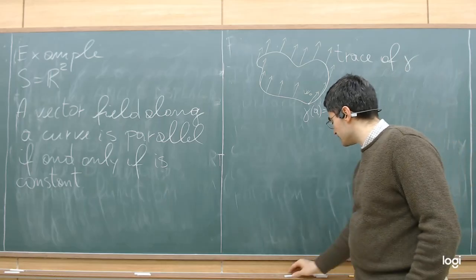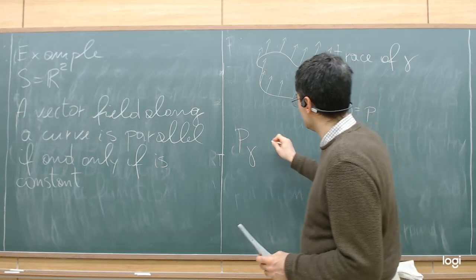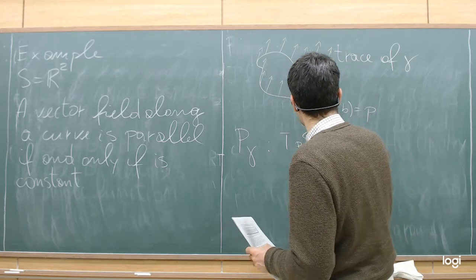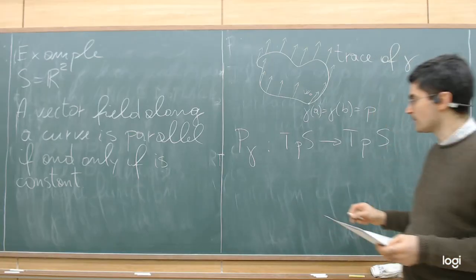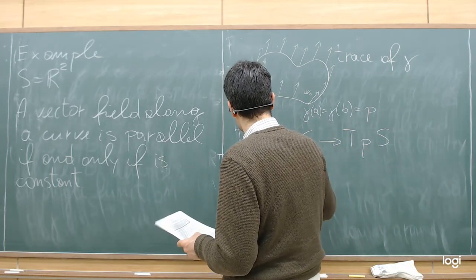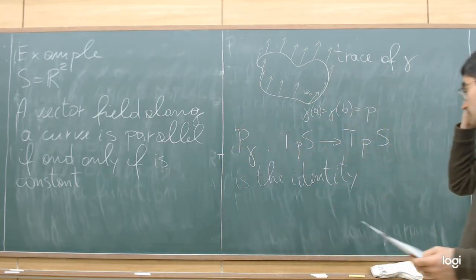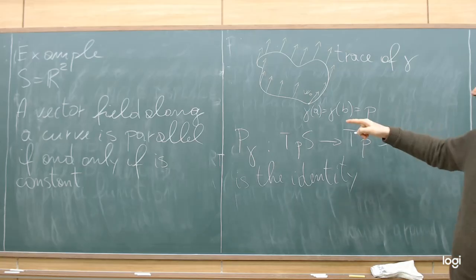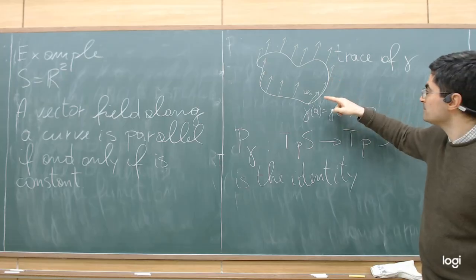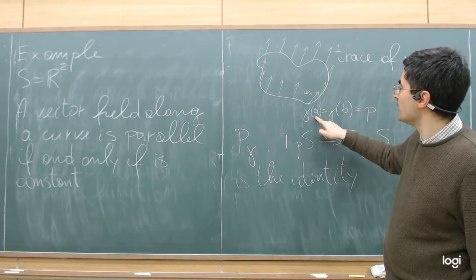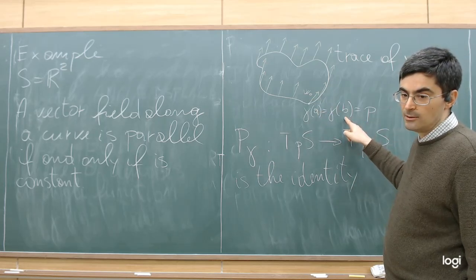So this means that the map P gamma from TPS into TPS, the holonomy, is the identity. Because the vector field marked with the yellow color is a constant vector field, which at t equal a takes a value W0 and consequently takes the same value at t equal b.